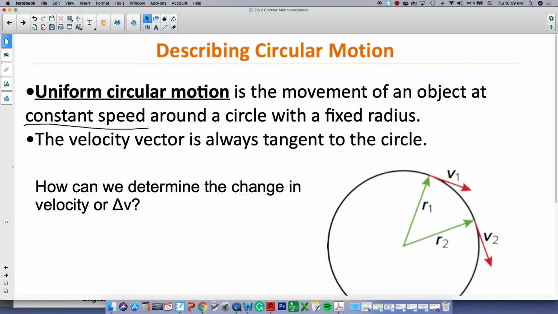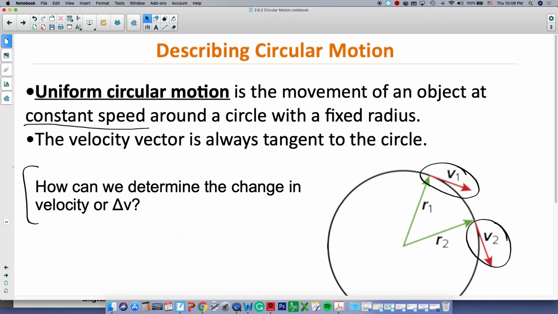The question down here at the bottom is, how can we determine the change in velocity, or delta V? Think about that for a minute. How could I find the change in that vector? Those are my tangential vectors that represent my velocity for my centripetal acceleration.